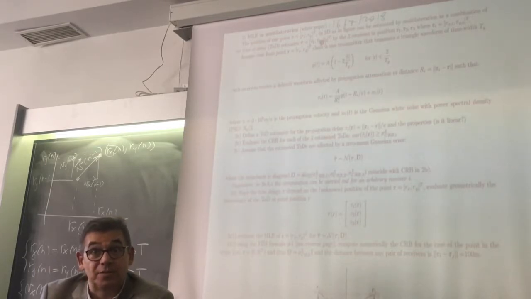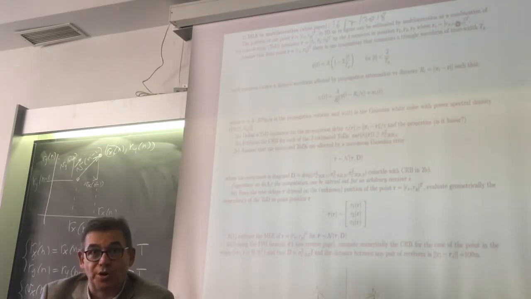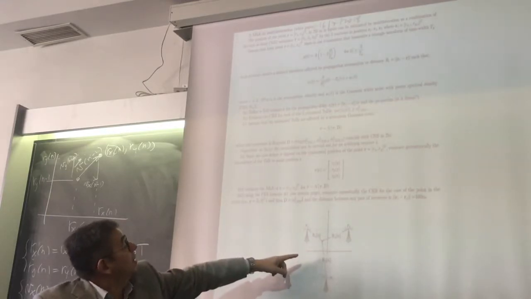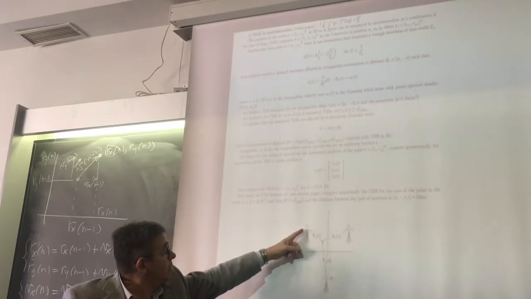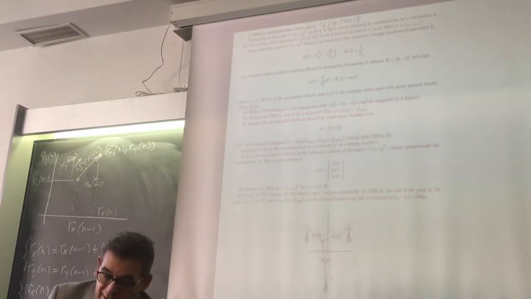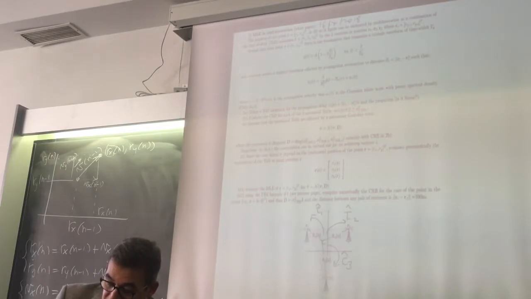This is the vector of the time of delay, measured by the three receivers in the positions R1, R2, R3, where each Ri is the two-coordinate position of the receiver. So I estimate the time of delays tau hat 1, tau hat 2, tau hat 3.